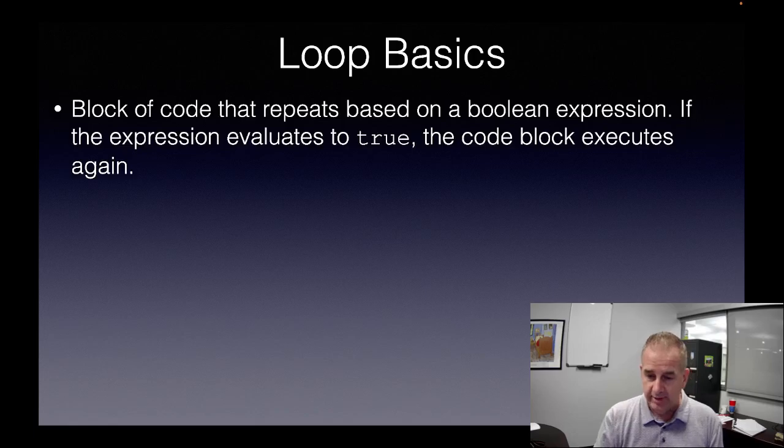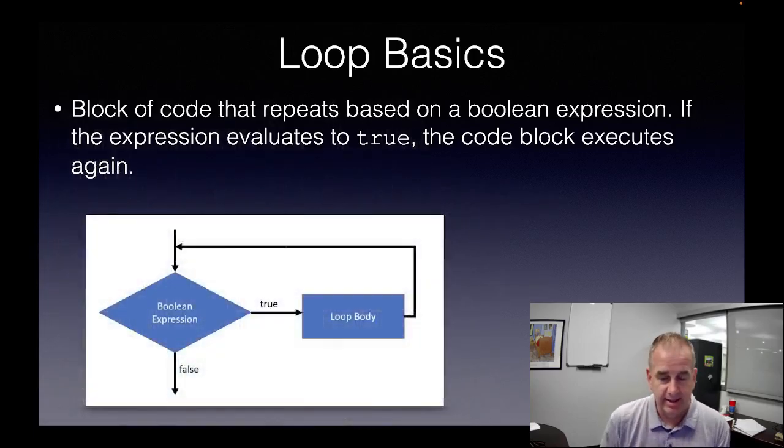Often we use flowcharts to visualize this kind of thing. The program execution comes here and takes a look at a Boolean expression. Let's imagine we're writing a simple program that's just going to count from 1 to 10. It's going to essentially ask some version of the question, are we still counting?